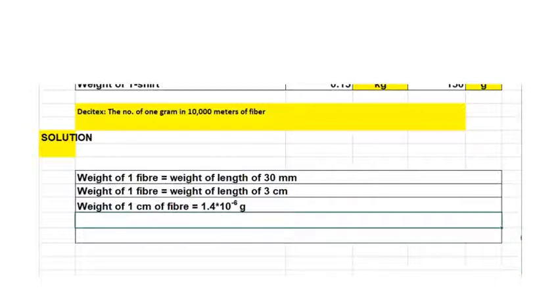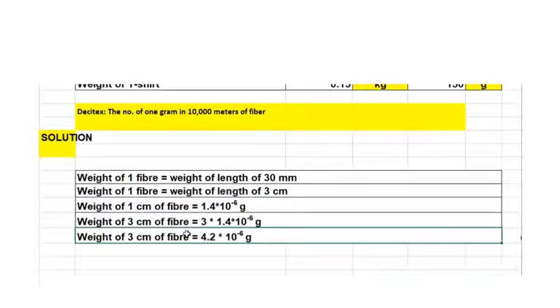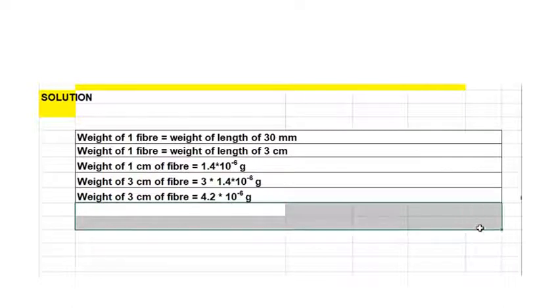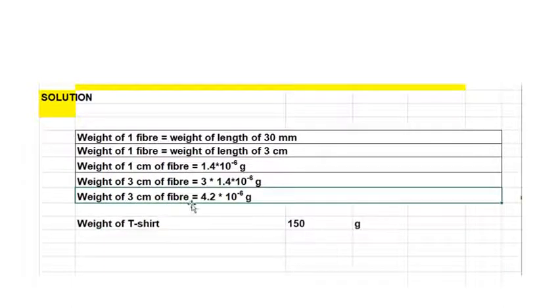Now we'll find the weight of 3 centimeter of fiber, which is 3 into this value. 3 into 1.4 is 4.2 into 10 power minus 6 grams. So we have got the weight of one fiber, which is of 3 centimeter length.